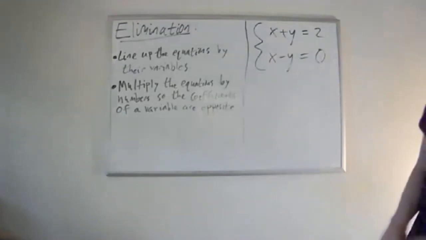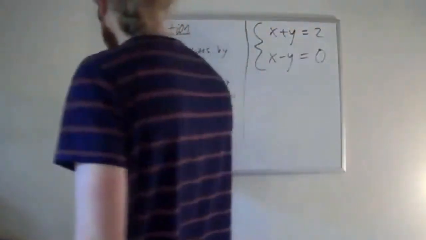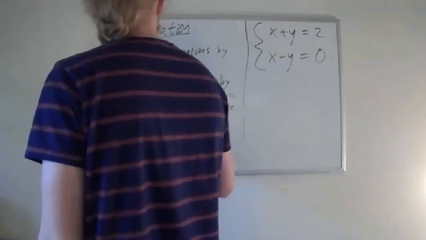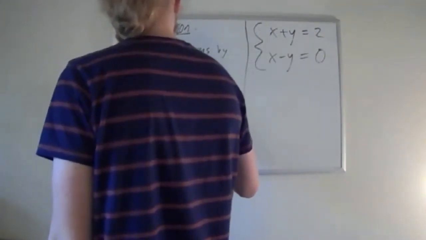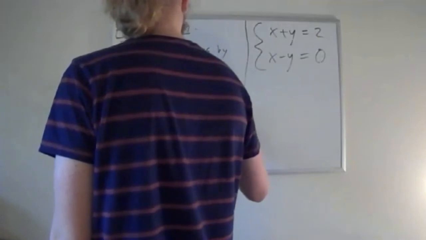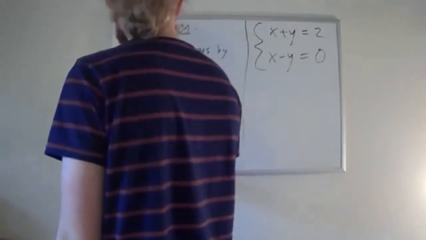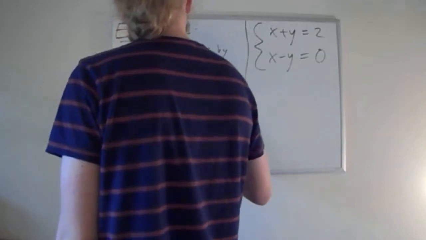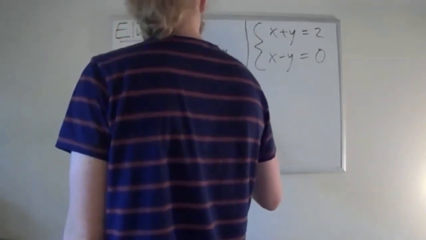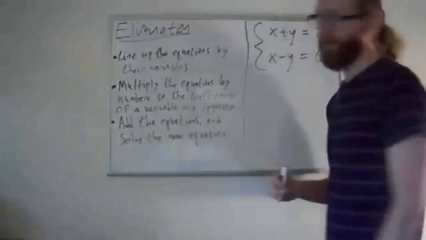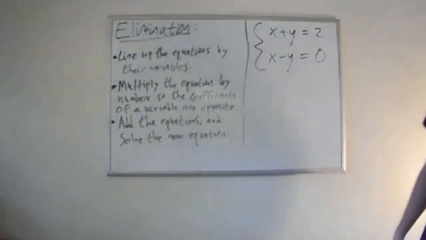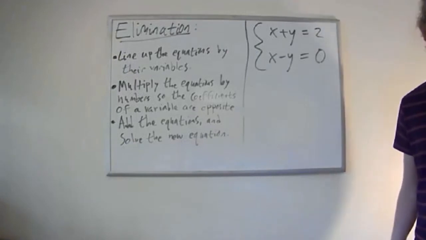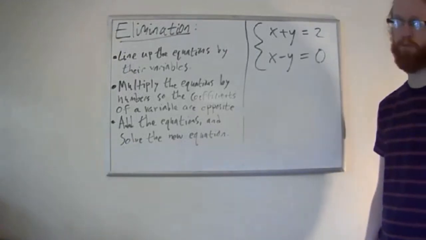The reason we want to do that is because what we're going to do next is add the two resulting equations, and then solve the new equation. I'm going to add the two equations together, and that's going to give me a new equation where I've canceled one of the variables. And then I'm going to have to solve that new equation.